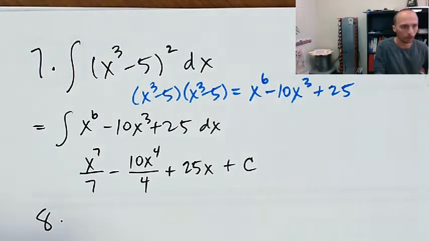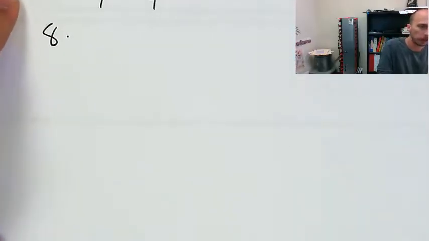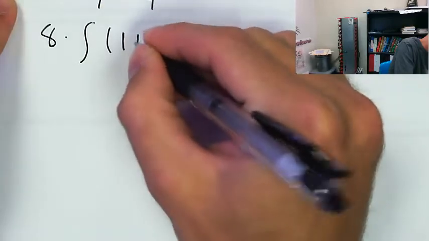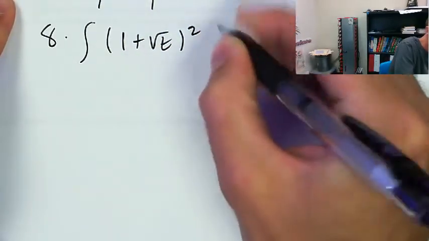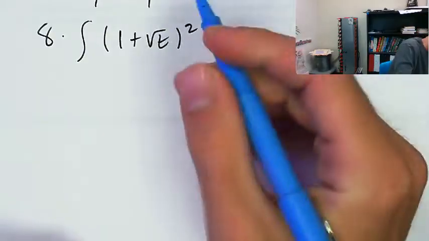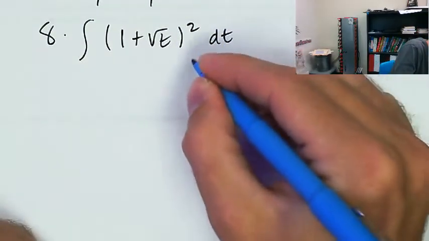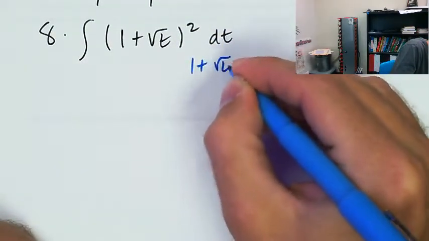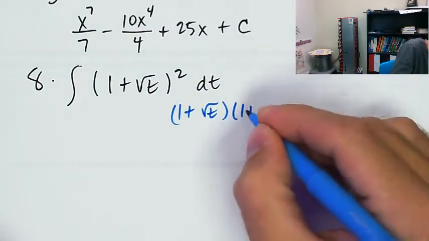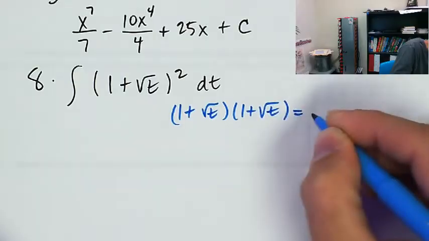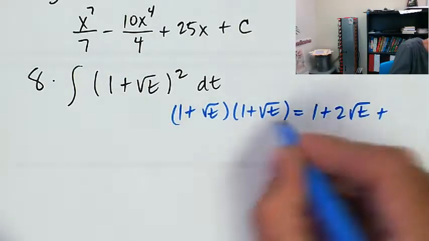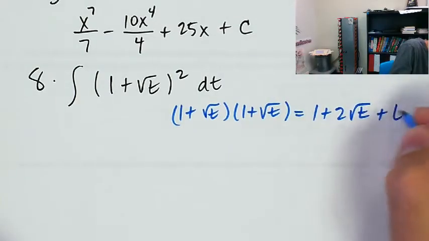Now, this one. It's another square binomial. So antiderivative of 1 plus square root of t squared with respect to t. Okay, so that's 1 plus root t times 1 plus root t. That's going to be 1 plus 2 square roots of t plus square root of t squared is just going to be t.